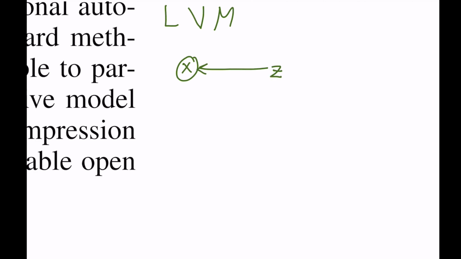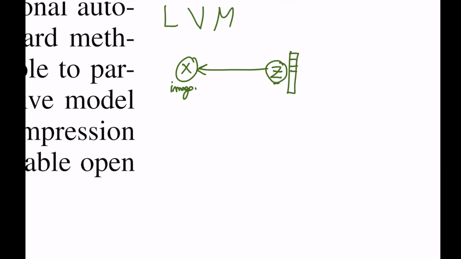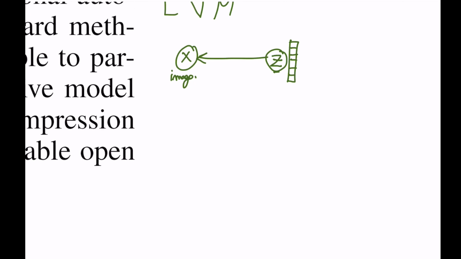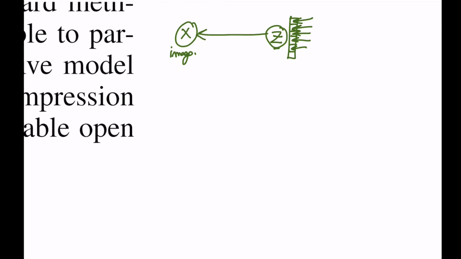We assume that X comes from Z. So think about it, this is an image, and this latent variable, which is in itself a vector, right? It's not just one number, will tell you, for example, what's the brightness in the image? Is there a human in the image? Is there a dog? How much sun is in the image? How much water is in the image? It tells you something about the image.